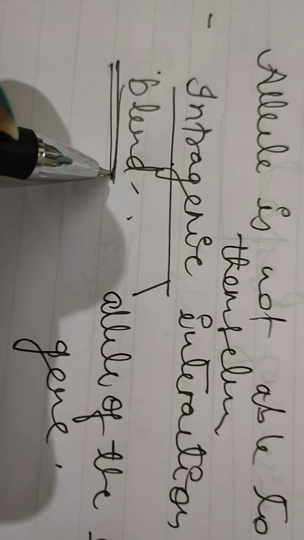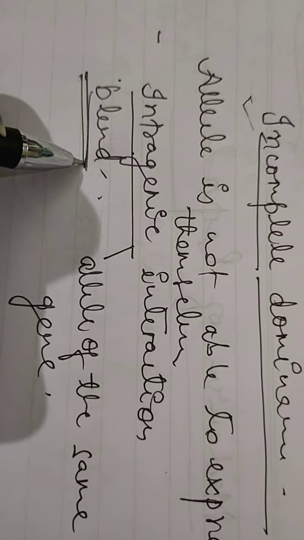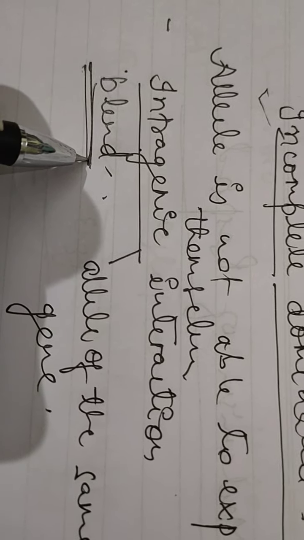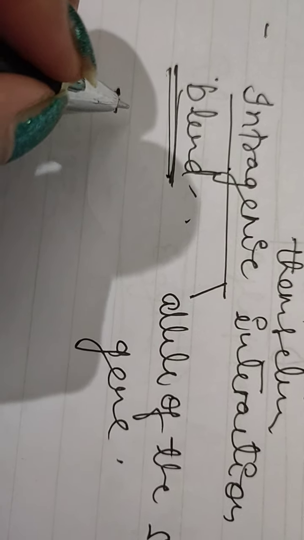So you can say this incomplete dominance does not follow Mendelian inheritance, where one allele is dominant over the other. In that case, we have seen that always one allele is expressed in heterozygous condition, like the height of the plant, capital T as tall and small t as dwarf.